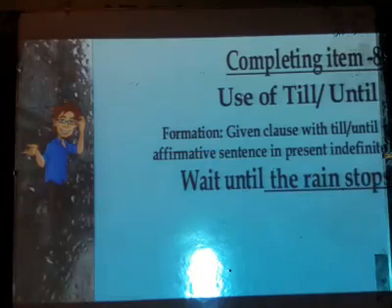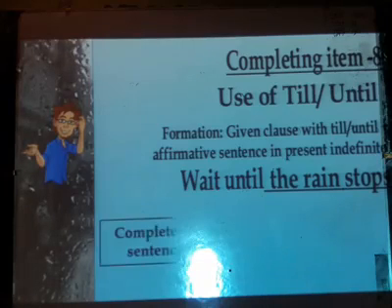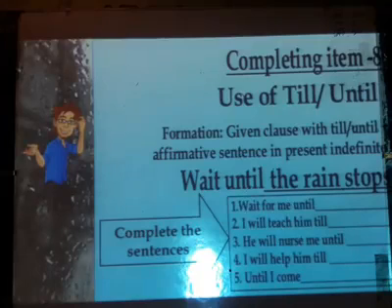Okay? The rain stops. You may use different types of sentence to complete a sentence. Complete the sentences. 5 sentences also for you. Then you will try to complete these 5 sentences.